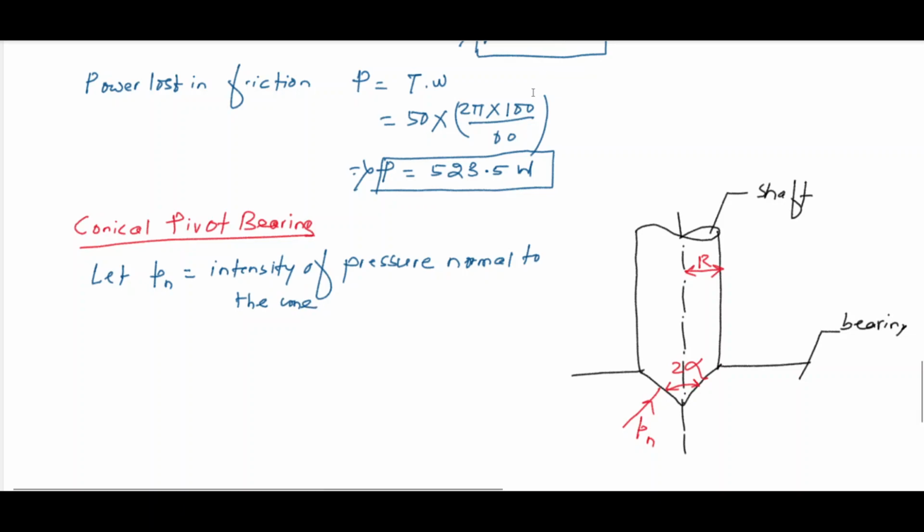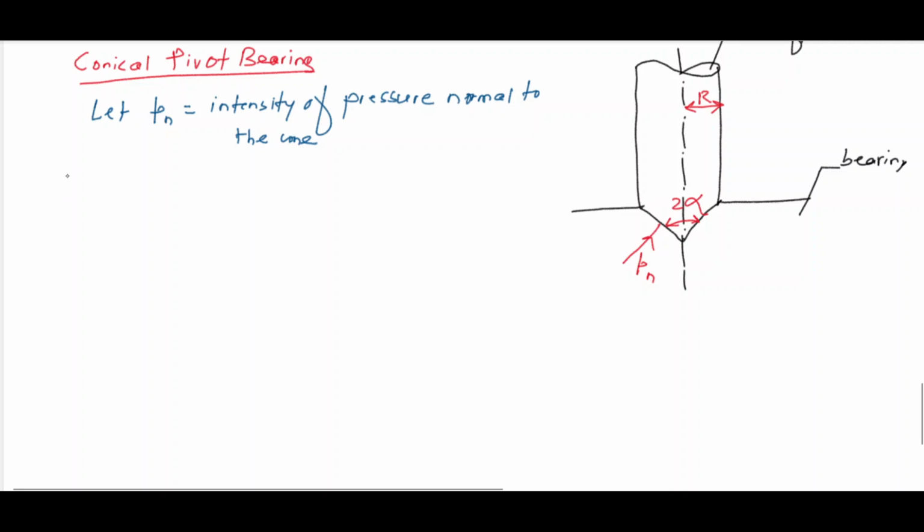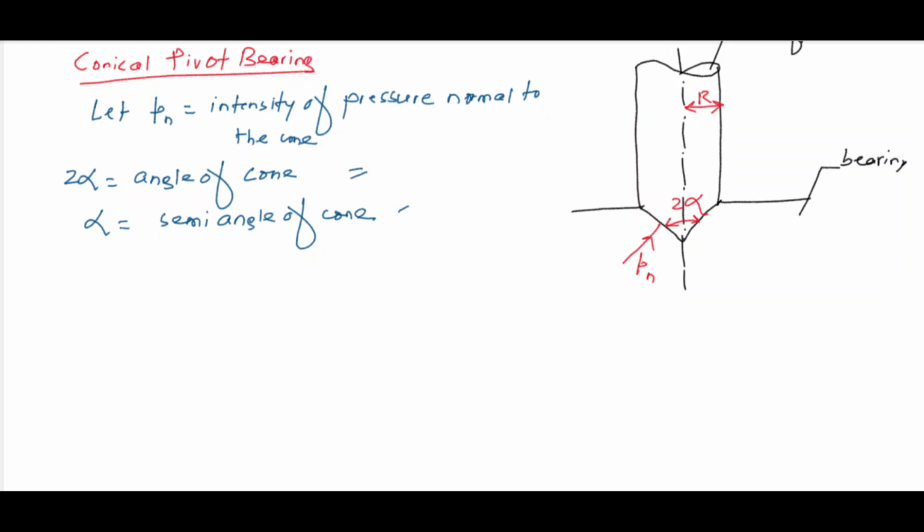Then 2 alpha is the angle of cone. Remember this, it is the angle of cone, and alpha will be the semi-angle of cone. So use this as per your problem statement.